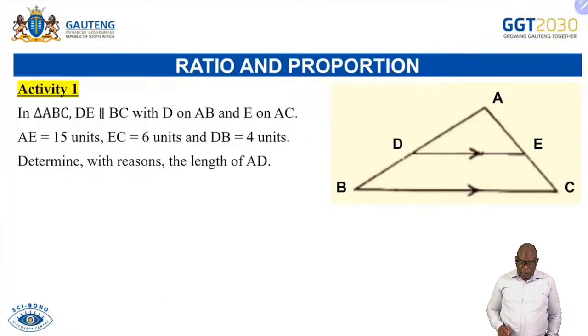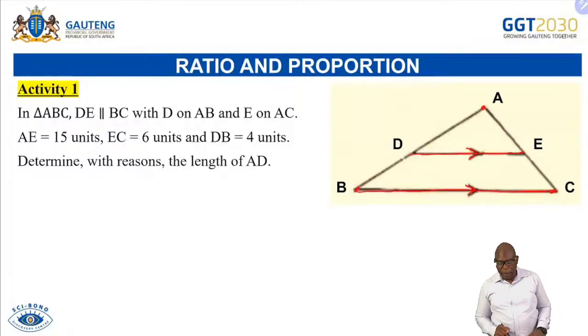All right. Let's look at activity number 1. In triangle ABC, you're given that this line here, which is DE, is parallel to BC.